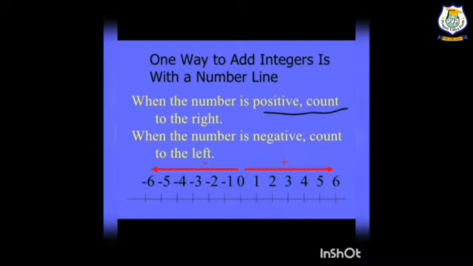It means whenever the second number is positive, we move from left to right. And the second point, when the number is negative, count to the left. It means whenever the second number has the negative sign, we move from right to left.